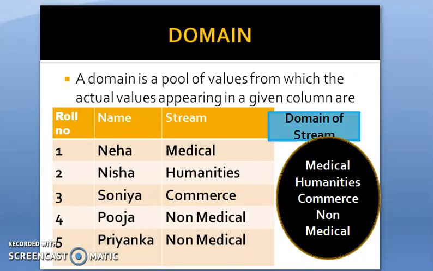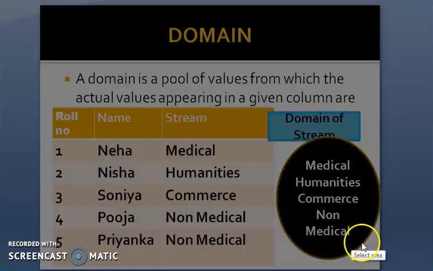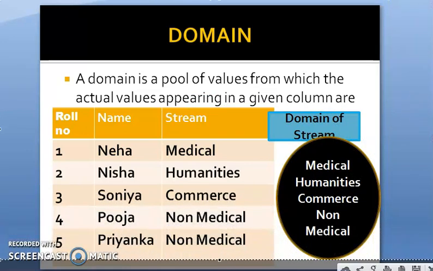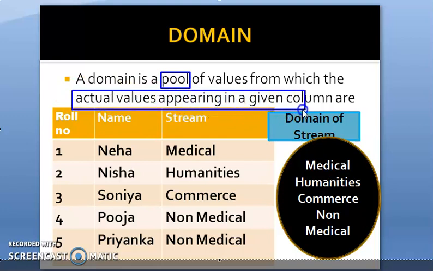So the next topic is domain. Domain is nothing but a pool of values. Pool means it is a set of values, or we can say a group of values, which will give you the actual values appearing in the given column.